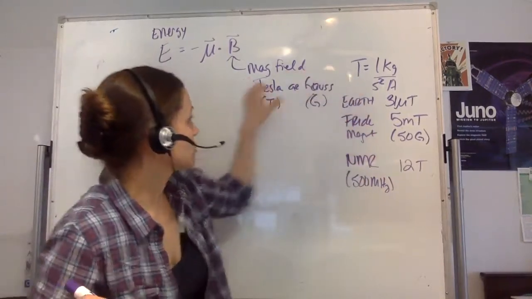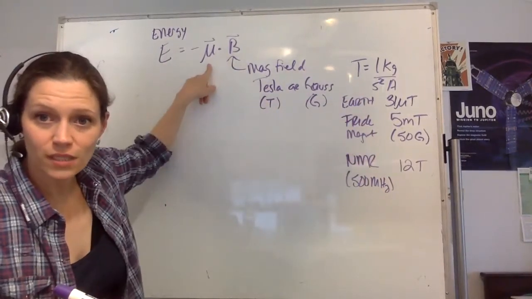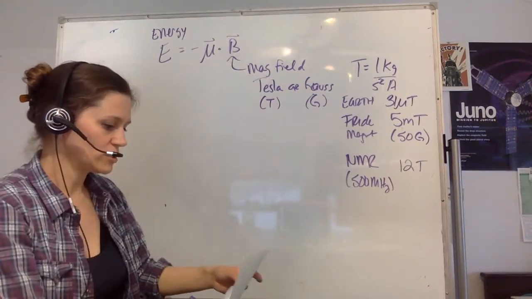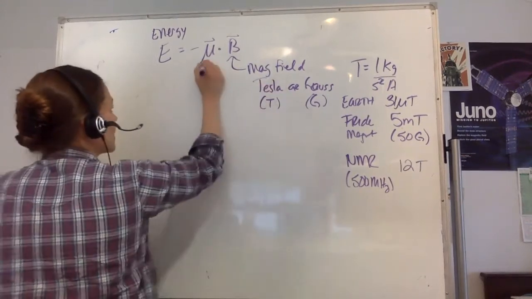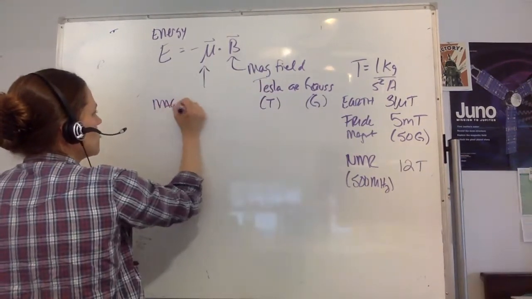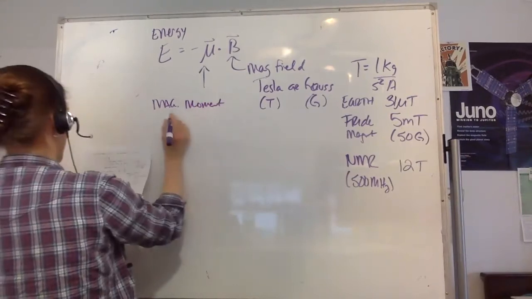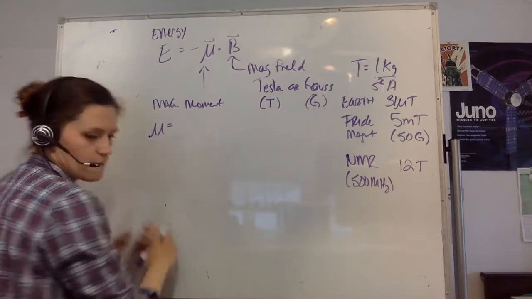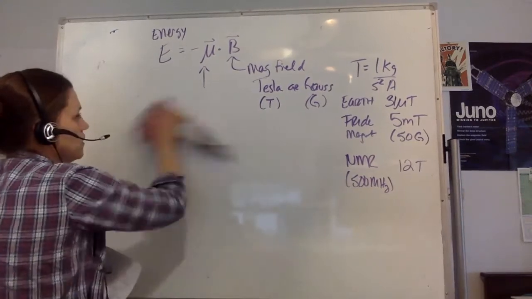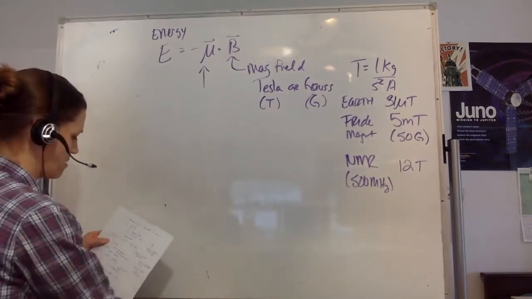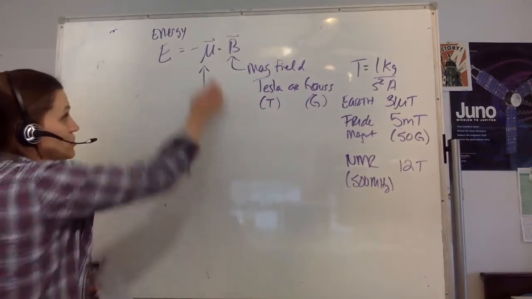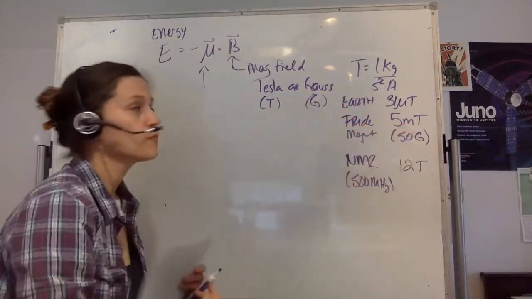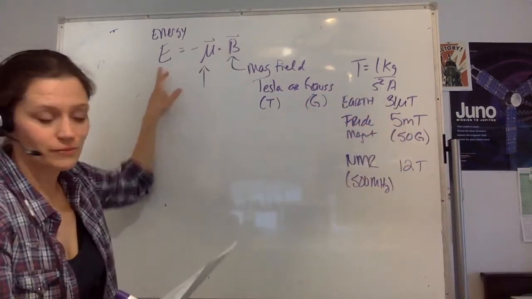So you take that Tesla, the strength of the magnetic field, dot it into the magnetic moment. It equals a magnetic moment. Basically, the strength of the magnetic field across how much of the magnetic field you've actually gone through. And so that gives you the energy.